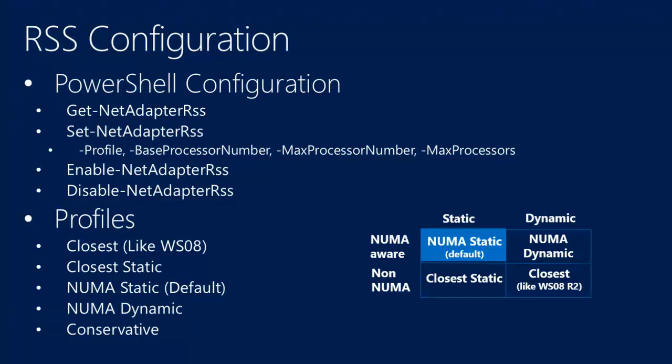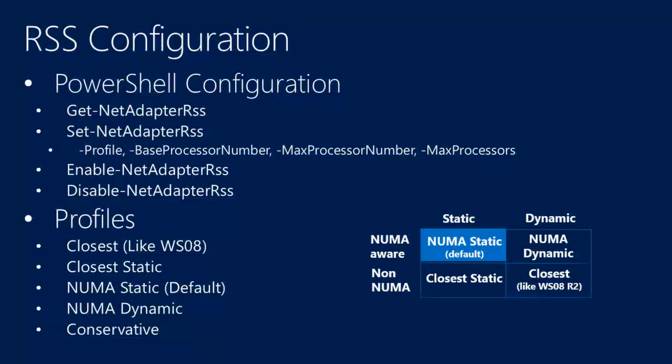So the first one is Get-NetAdapterRss. I'm actually going to jump into a demo here in a second and show you guys what that returns. It'll return whether it's enabled. It'll return the indirection table I was just talking about. The second one is Set-NetAdapterRss, and this is the important one because this is where you can set your base processor, the max processor number you want it to use, and the max number of processors.